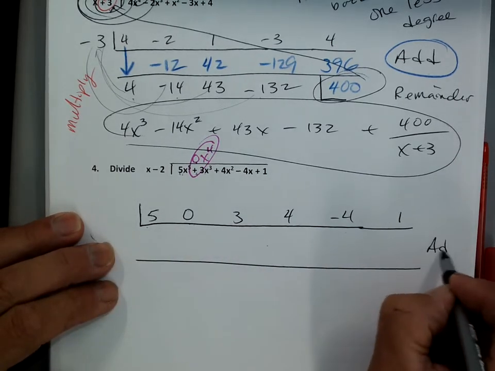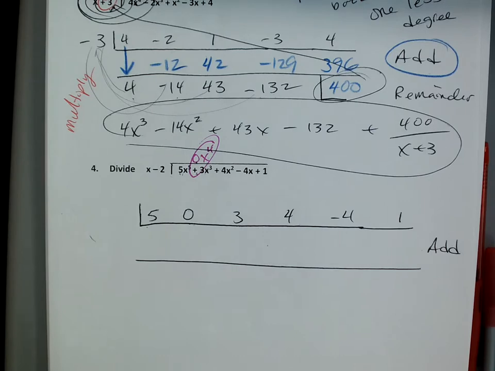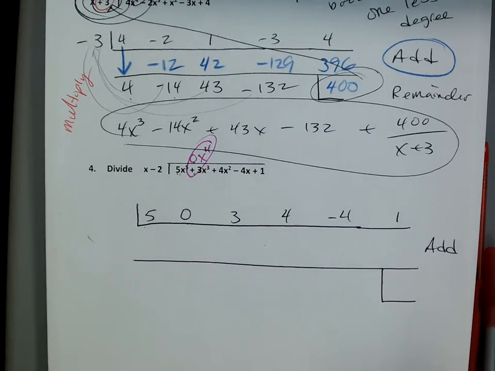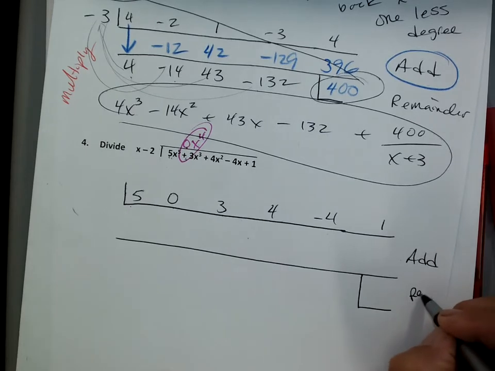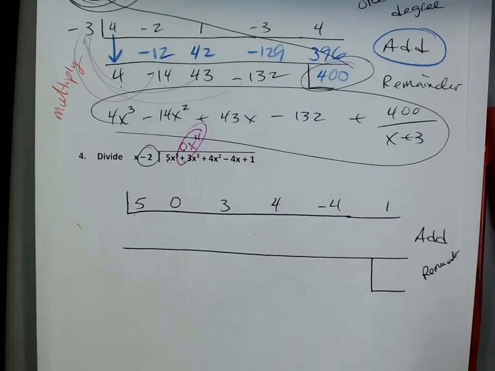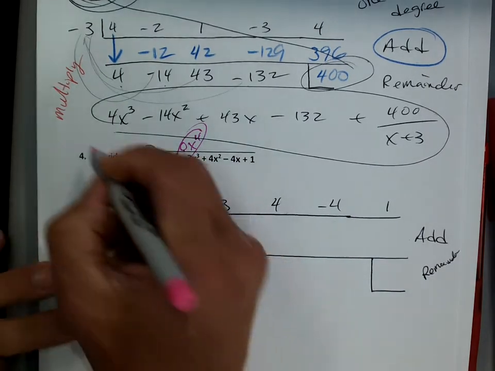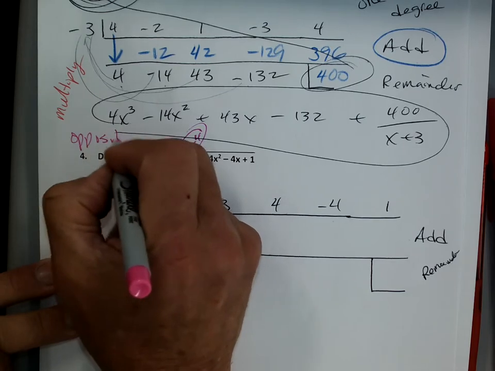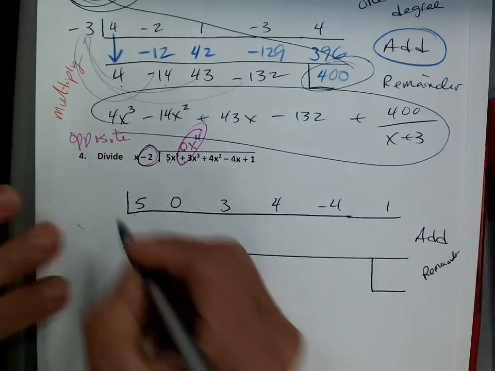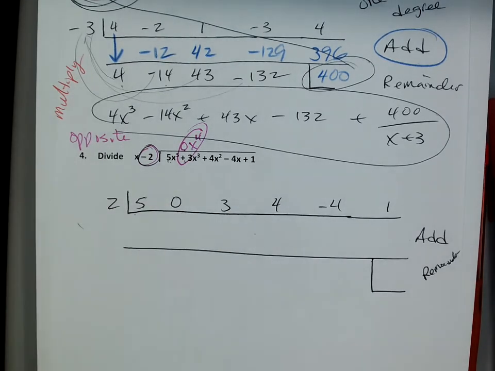This is my adder line. I know there's no such word as adder, but I like that. Below the 1, we'll put this little box in here, and that's my remainder. Okay, so let's take the opposite of that number. So I'm going to put a positive 2 here, and we're set.